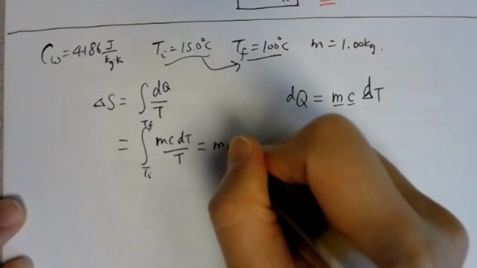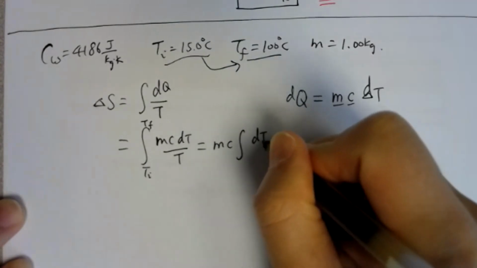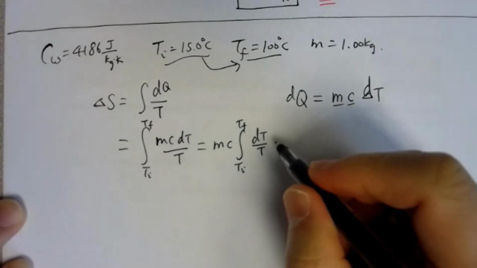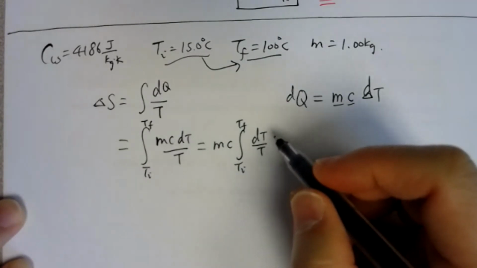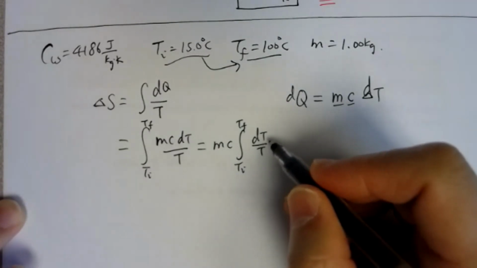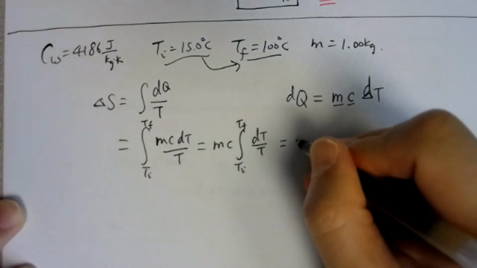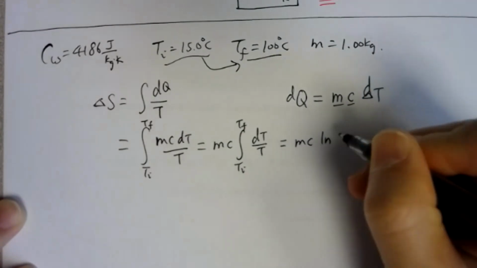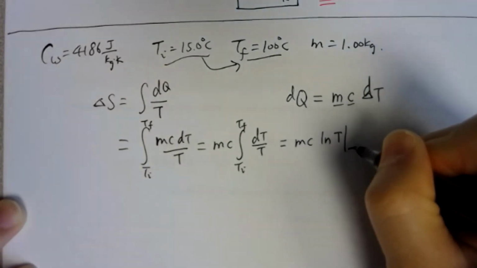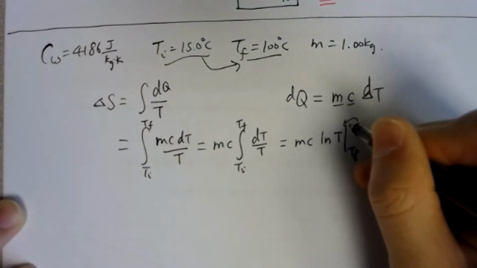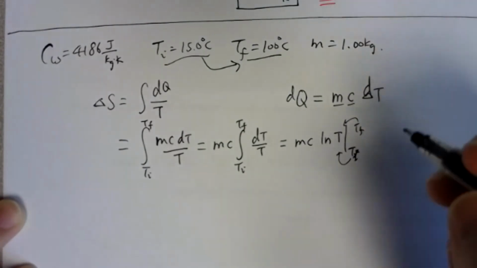mc is constant, so it'll be just mc times the integration of dT over T, from T initial to T final. The integration of dT over T, T being the variable, gives you the natural logarithm, right? So the result will be mc natural logarithm of T evaluated between initial and final: plug in that one minus plug in that one.